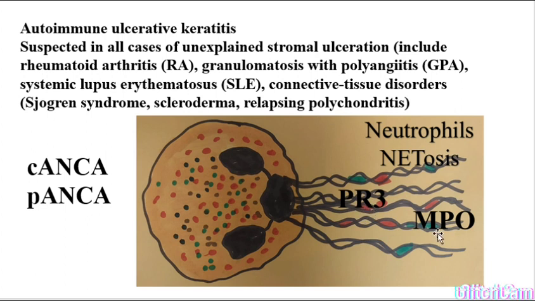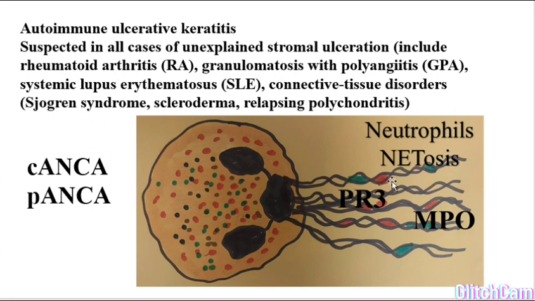And as I mentioned before, when neutrophils modify their chromatin, they send these sticky fibers outside the neutrophil, and this will be associated with reactive oxygen species, proteinase 3 and myeloperoxidase.